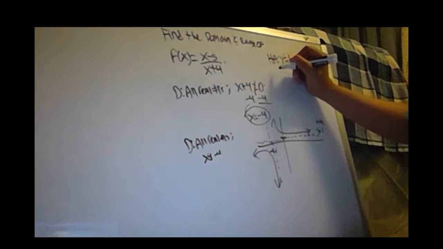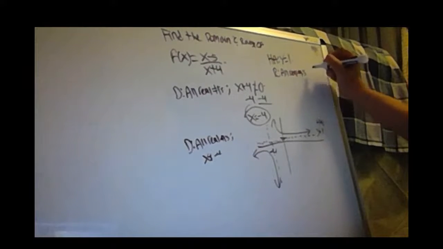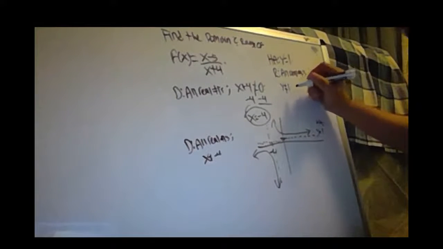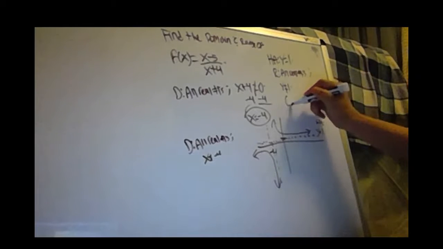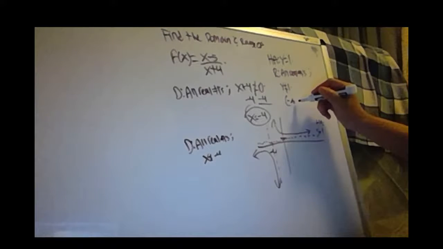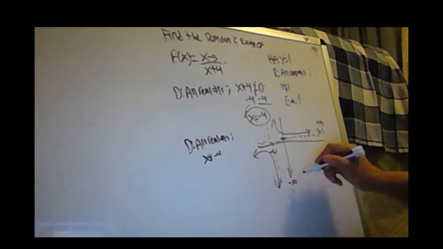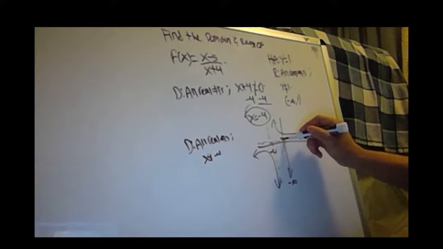We're saying that the range is all real numbers such that y does not equal 1. So in interval notation, we would have -∞ to 1, because it would go from -∞ up to this point, which is 1.